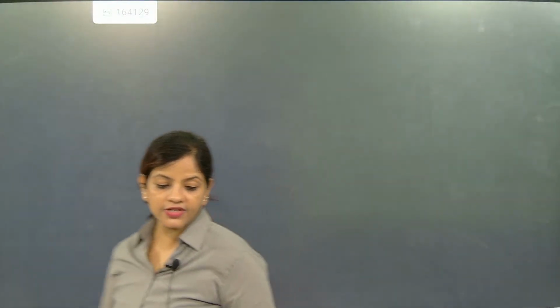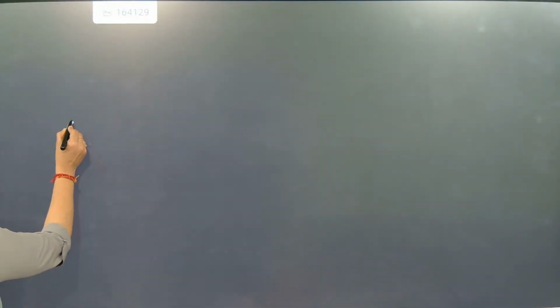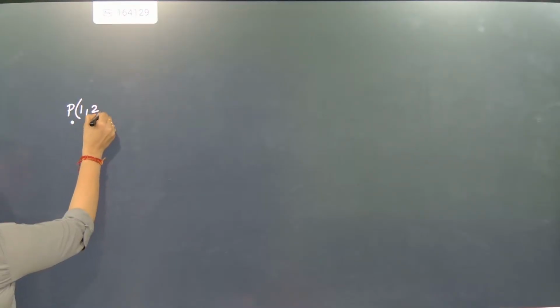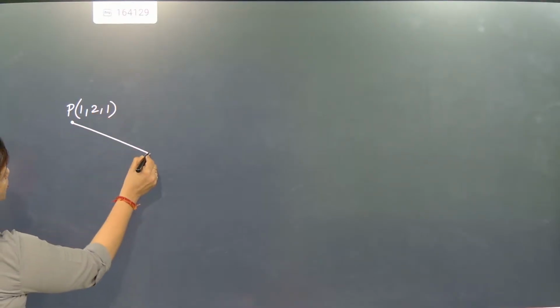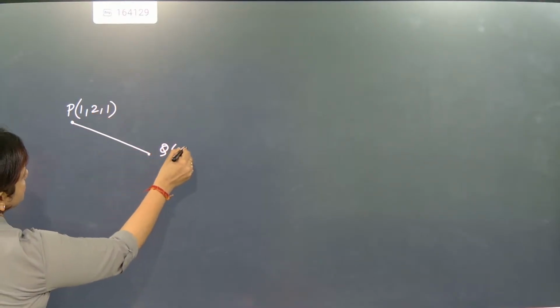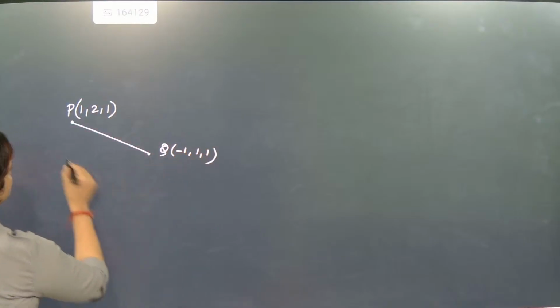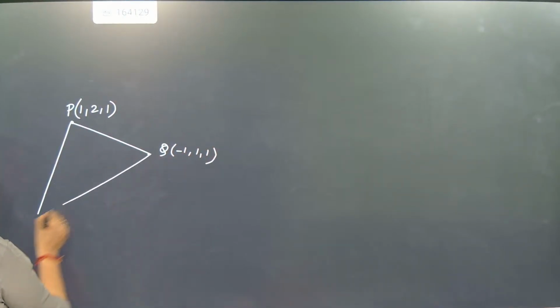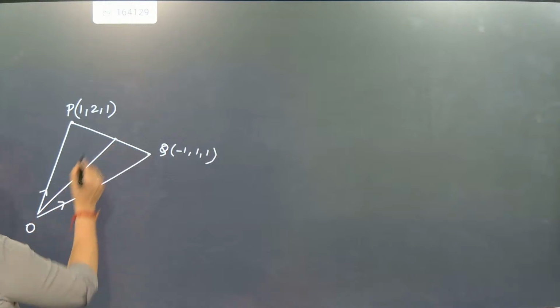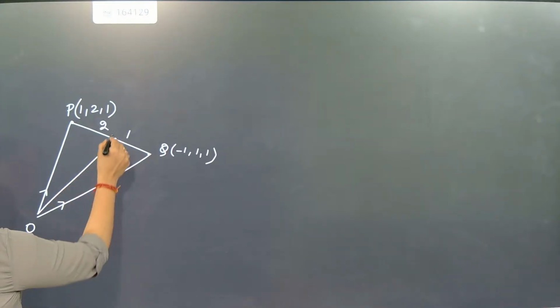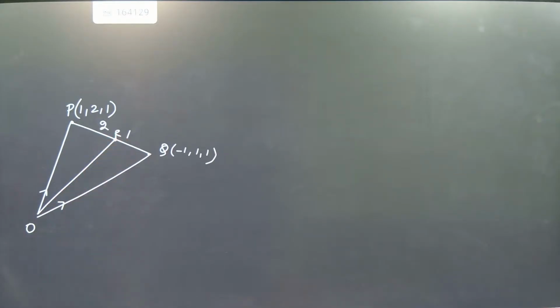What is the question actually given to you? Look at this one. Here P point is given as 1, 2, 1 and Q point is given as minus 1, 1 and 1. Everything we are going to connect with the origin. Now R is the point which is dividing it in the ratio 2:1.